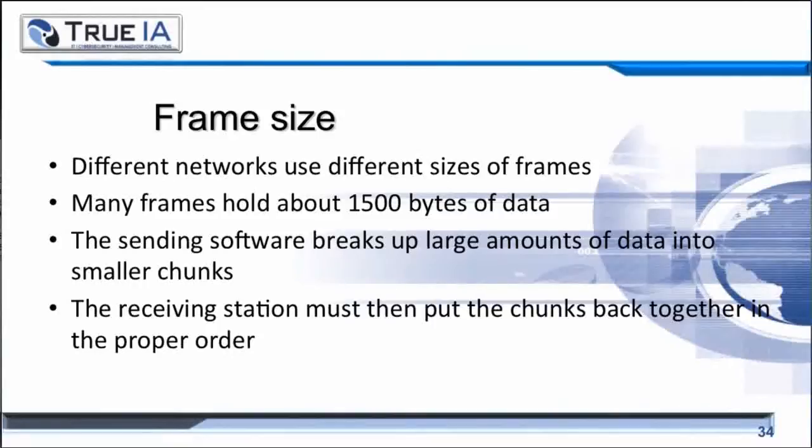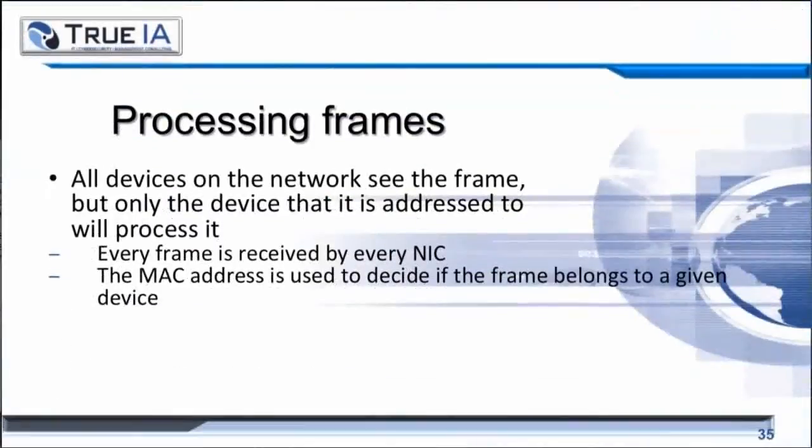Different networks use different size frames. Many frames hold about 1,500 bytes of data. The sending software breaks up large amounts of data into those smaller chunks. The receiving station then puts the chunks back together in proper order.